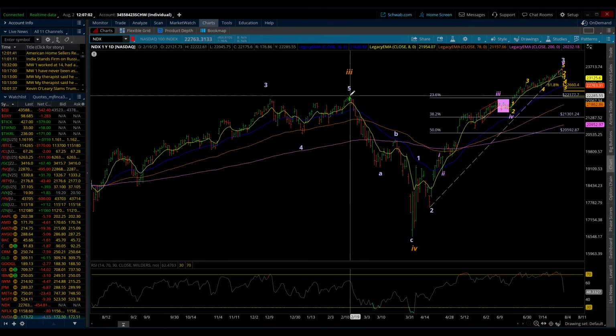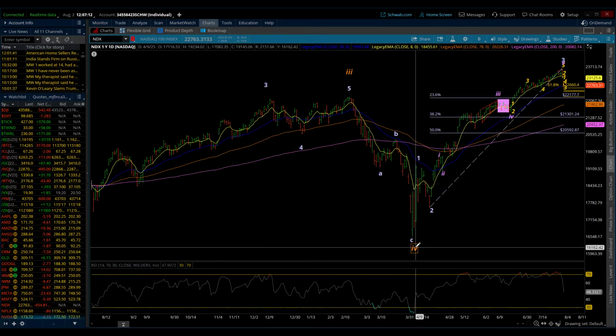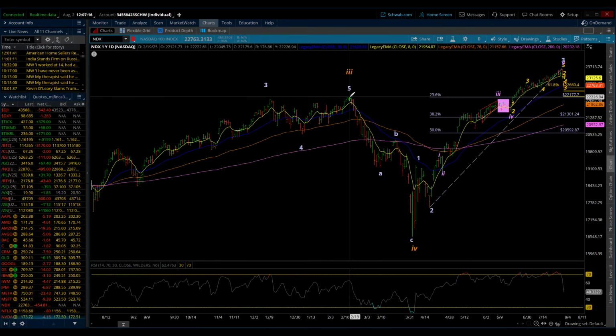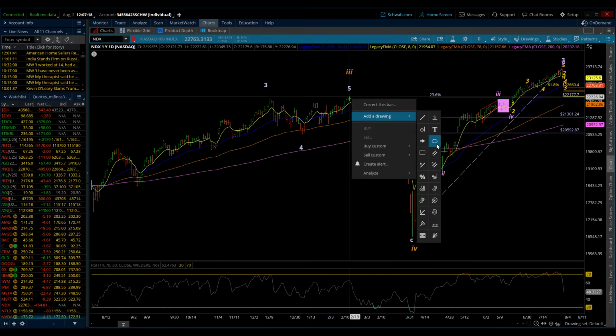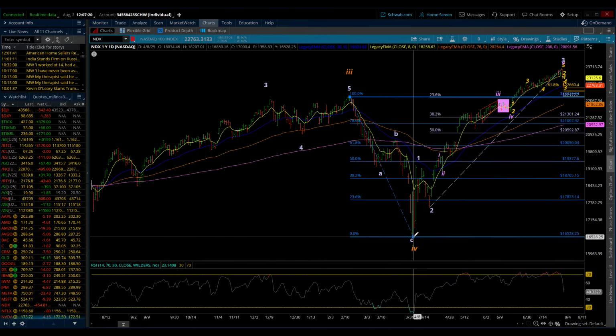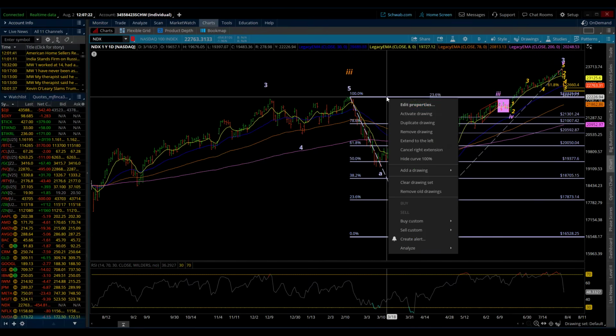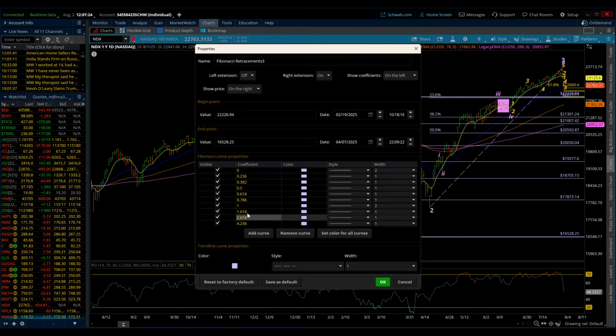This goes with the alternate count, which I put back up on the shelf, and that is that this fourth wave is not yet complete. Let me show you that. If we just go and add a simple fib, and I add to this top side 1.236.